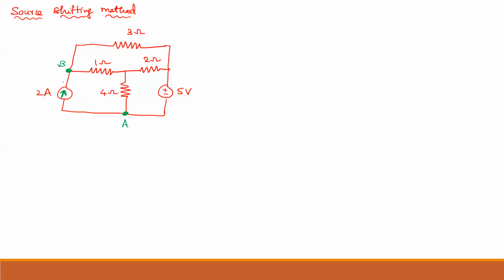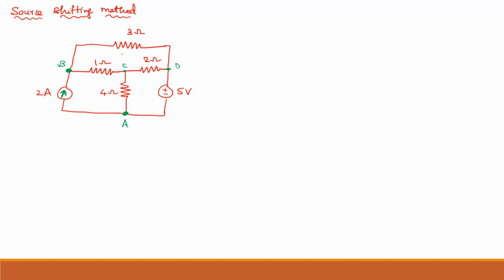What do I have to do? I have to remove this path, but I have to travel from A to B only. My starting point is A and my ending point is B. So I will find one more junction. If you observe here, there is one junction here and one junction here. Which junction will you prefer? I want to go from A to B. I found two junctions, one is the C junction, another is the D junction.